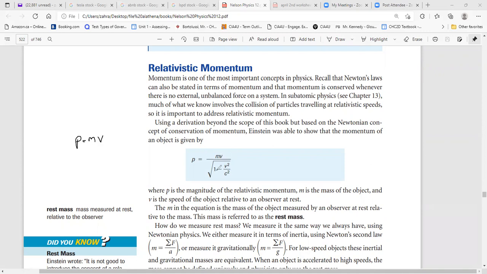But the relativistic momentum is here. The m divided by the square root of 1 minus v²/c², this is relativistic mass. The mass from the observer outside, like watching a spacecraft, and the spacecraft moves with the speed of light, the observers see that the weight of this object is increasing.